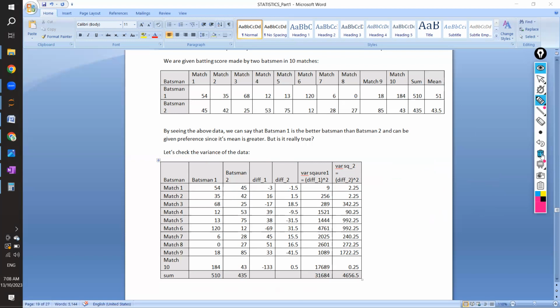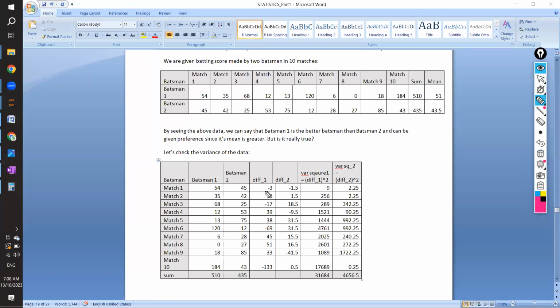After we get the difference, what do we need to do? We need to square. As you can clearly see, here you have some minus values and some plus values. If you directly sum these, you will have some cancellation.